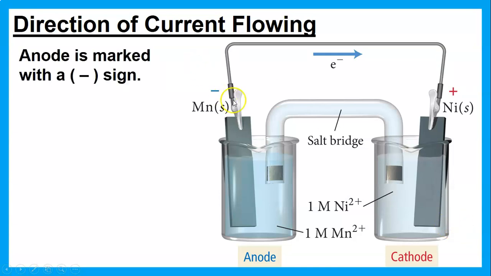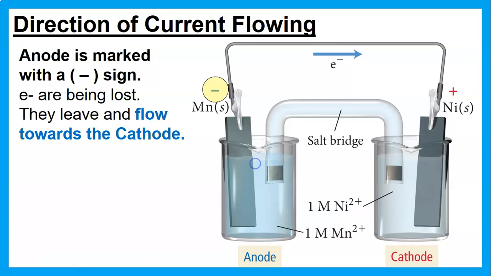So here you can see we designate the anode as a minus. This is the side that is losing those electrons. They are flowing towards the cathode.